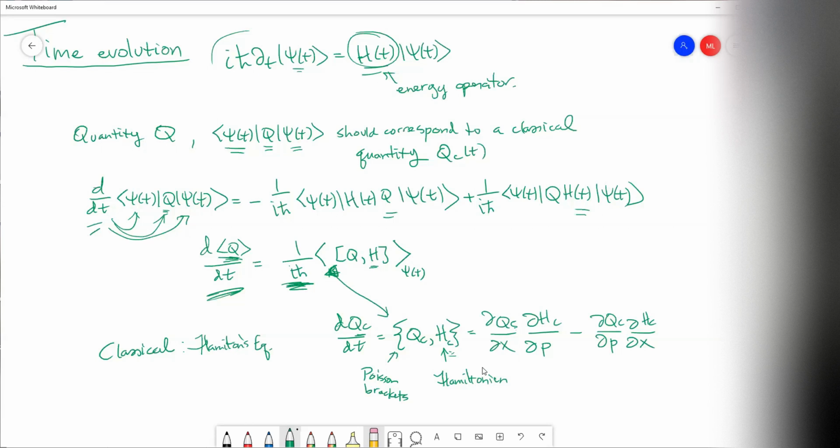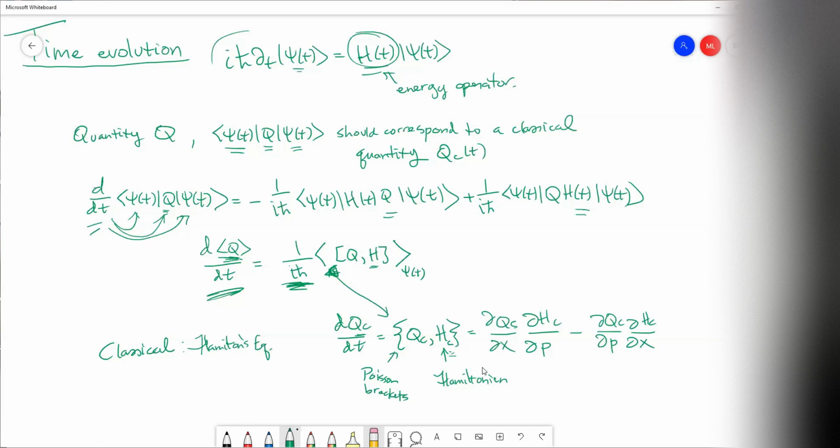But it doesn't always work, actually. This way of going from classical to quantum doesn't always work. It often just gives you a wrong result. So I think starting with the quantum mechanics is probably better, the way we've been doing it. We just started with quantum mechanics instead of trying to go backwards from classical mechanics and figure out what the corresponding quantum mechanics would be. I don't think it's a good way of doing it.